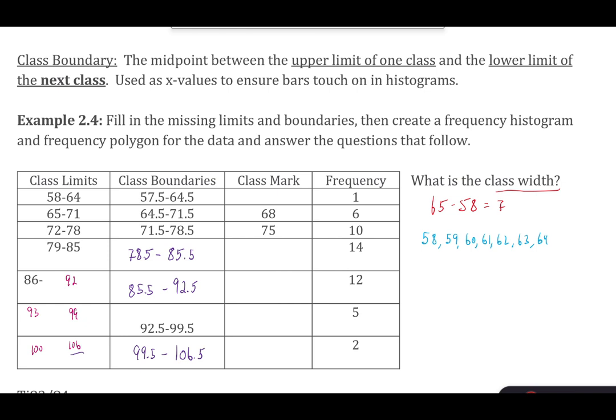The class mark is again the midpoint of the data values. In this case, we are looking for the value that is between 58 and 64. What we can do here is add 58 plus 64 and divide by 2. If we were to do this, we would get 61 as our class mark.